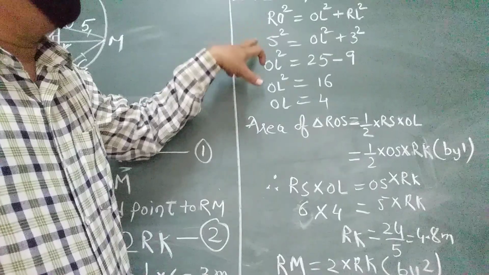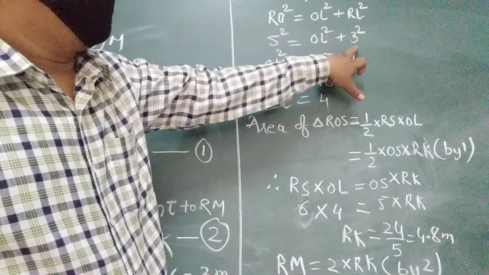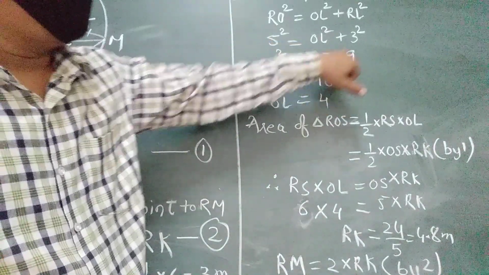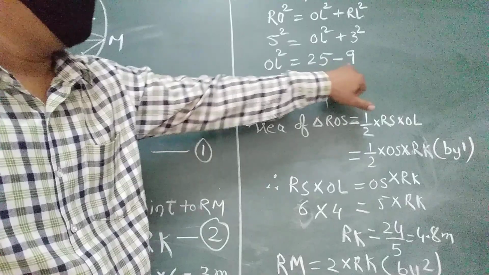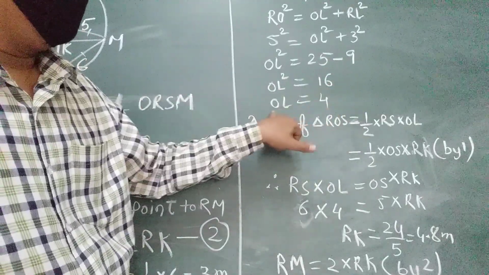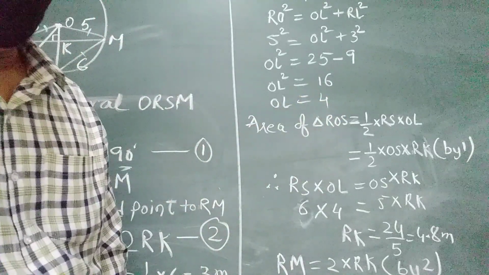Now, it is given that RO is equal to 5 and RL is equal to 3. Hence, OL square is equal to 5 fives are 25 minus 3 threes are 9. So, 25 minus 9 gives you 16 and 16 is the square of 4. So, OL is equal to 4.